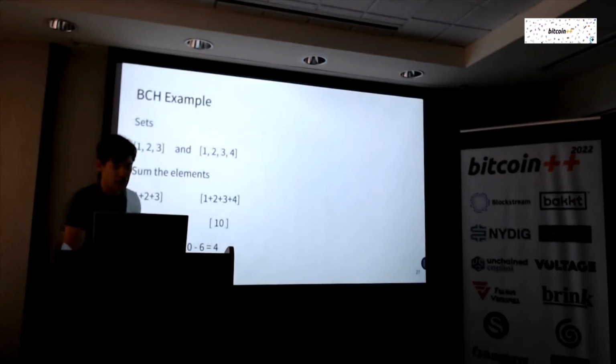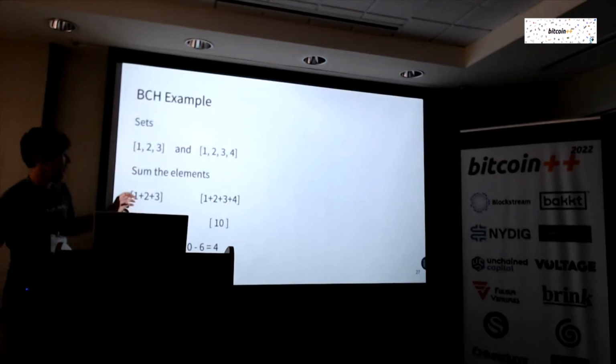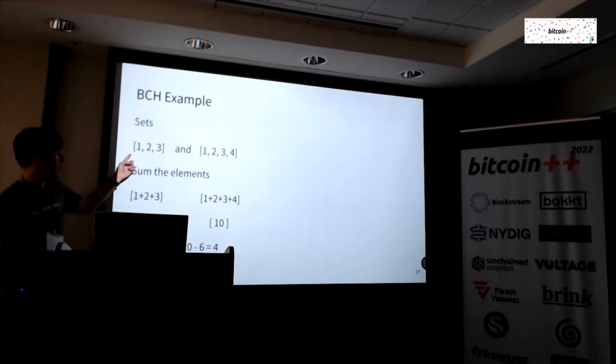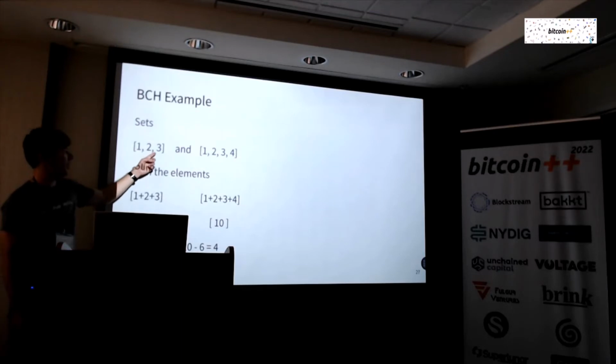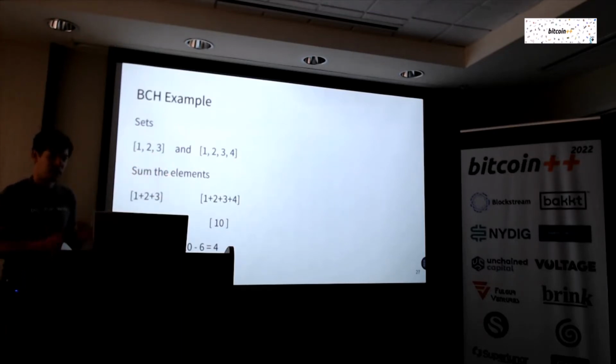And I'm just going to try to go through like a really brief, high-level example. Hopefully I'm getting this right. So imagine we have 2 sets of data. They contain the elements 1, 2, and 3, and 1, 2, 3, and 4. So kind of like a cool trick we can do if we want to reconcile these sets and make sure both of them have all the data, is we take the sum of the elements.